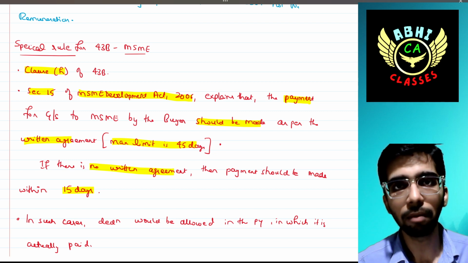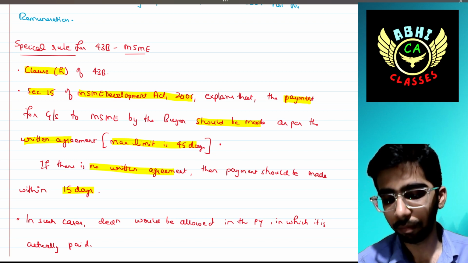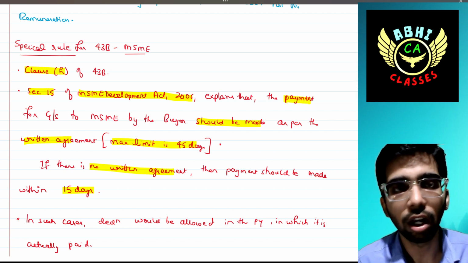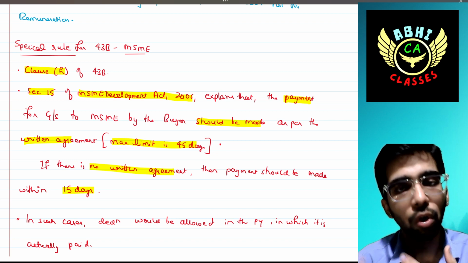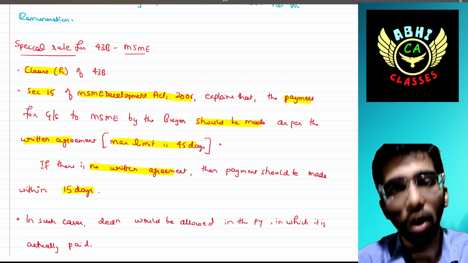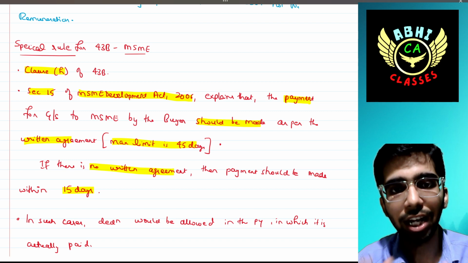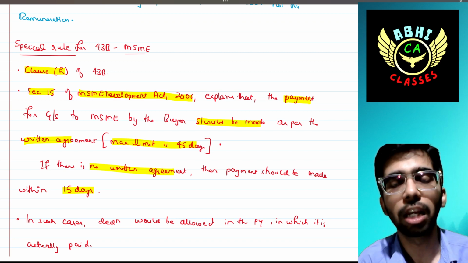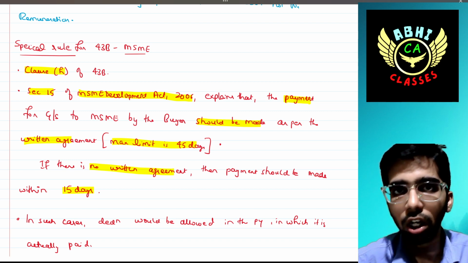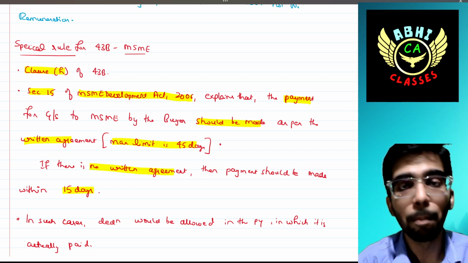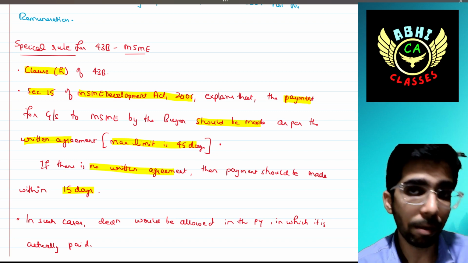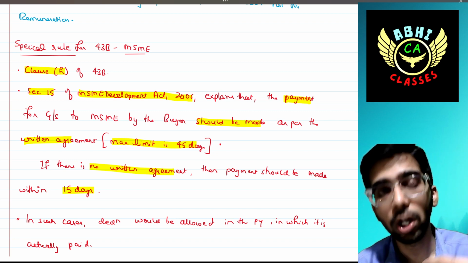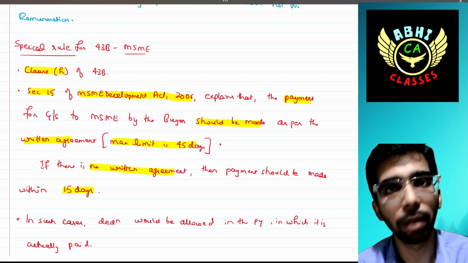For example, I am the buyer and I have a credit balance towards MSME organizations. Then payment should be made as per the written agreement, within the due date specified in the agreement. The maximum credit period an MSME can provide me is 45 days.